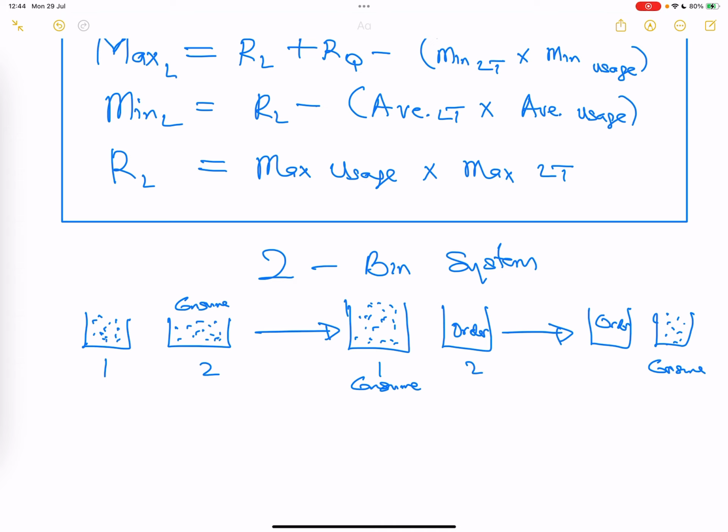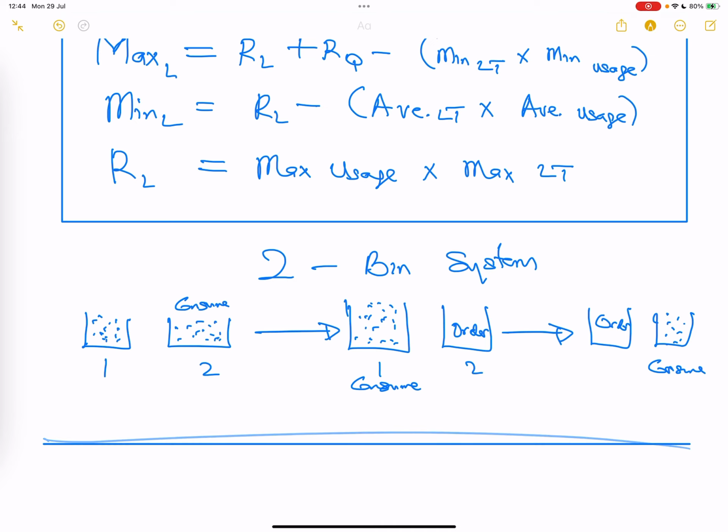I have 2 places, 2 bags, 2 rooms, 2 houses, 2 warehouses, whatever it is. Just make sure you duplicate your storage system. Consume one, leave one. When you finish consuming one, order for that one, start consuming the second one. That is what the 2bin system is all about. And that is all we need to learn on inventory management.